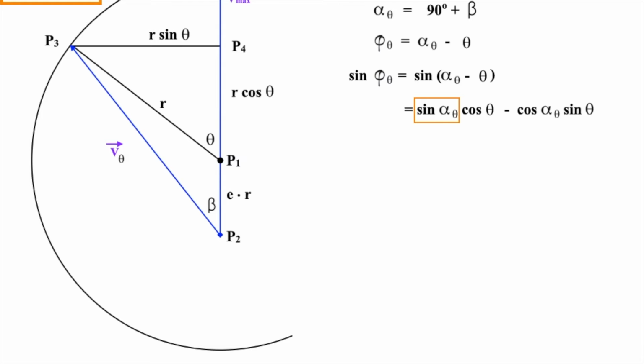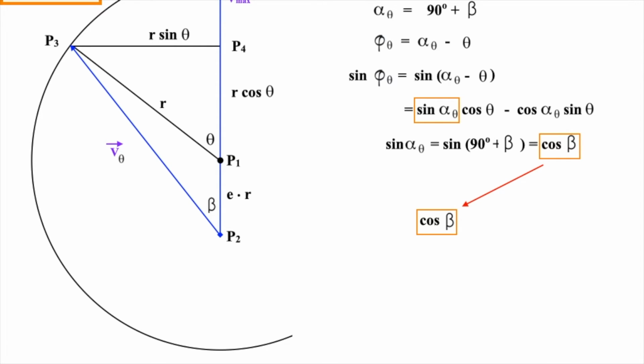By substitution first, it equals the sine of 90 degrees plus beta. This is identical in value to cosine beta. Let's move this term down to the next line.